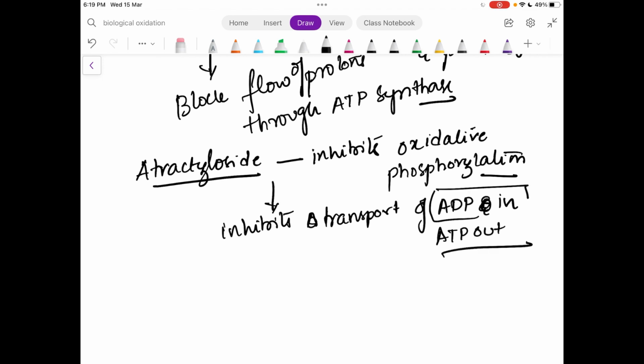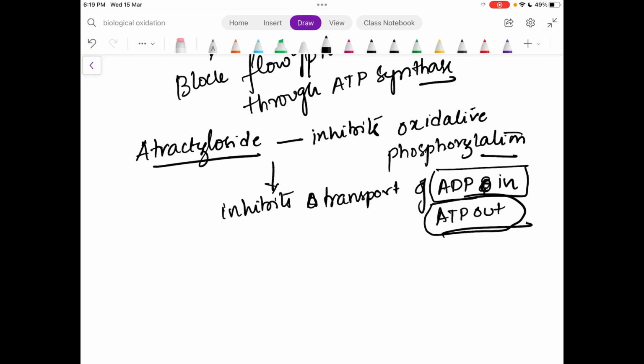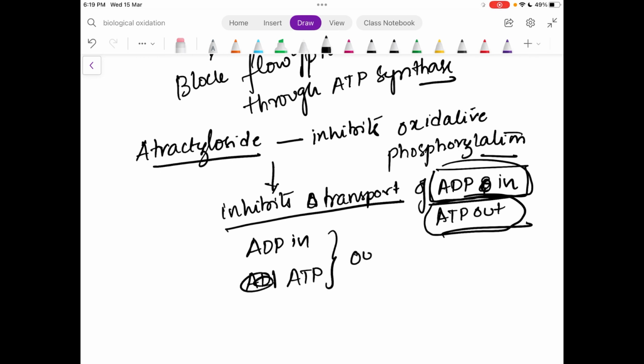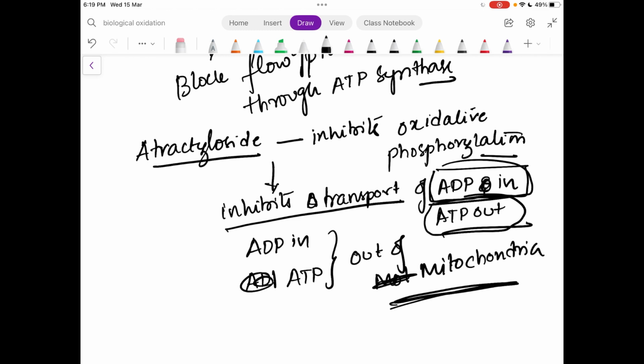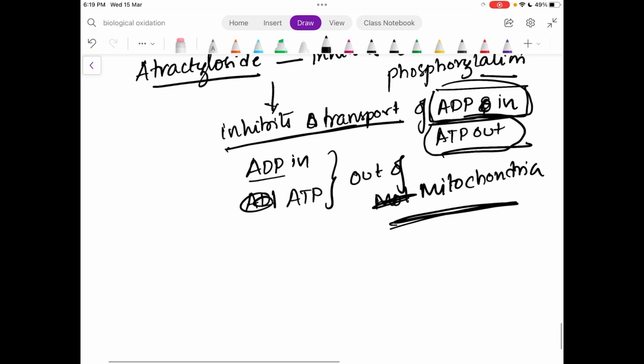It will block transport of ADP into the mitochondrion and transport of ATP out of the mitochondrion. So this will inhibit transport of ADP and ATP across the mitochondria. These are the inhibitors of the electron transport chain.